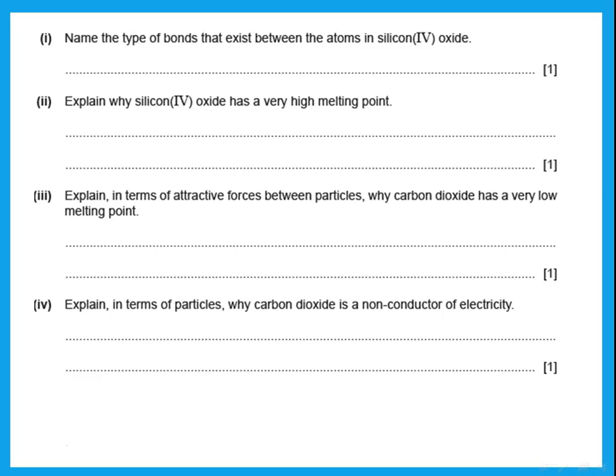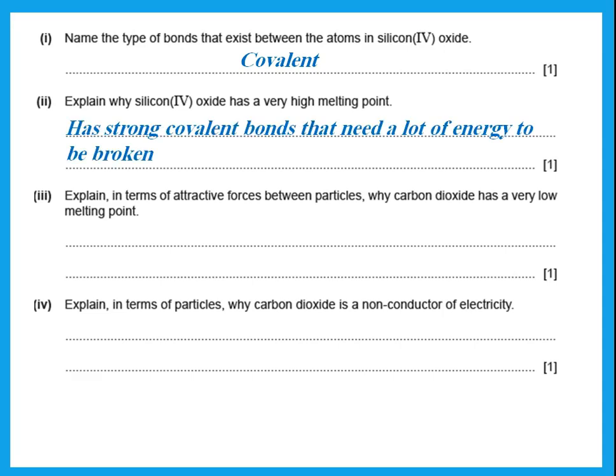Okay? Name the type of bond that exists between atoms in silicon oxide. Remember that silicon oxide is made up of covalent bonds. Explain why silicon oxide has a very high melting point. That's because these covalent bonds are strong and need a lot of energy to be broken. Explain in terms of attractive forces between particles why carbon dioxide has a very low melting point.